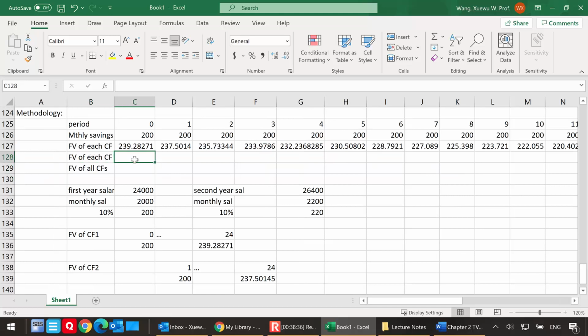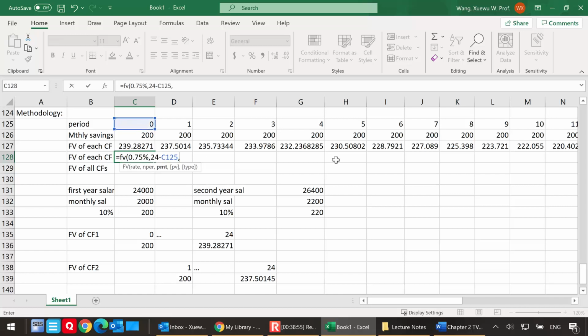Now, some of you will wonder, can I do the future value of each cash flow by doing the future value function? The answer is, of course. So let me illustrate. Again, you might want to pause this and think about, hey, how do you actually do the future value function here? All right, so the rate is 0.75%. And number of periods here is 24 minus the 0. And this is a single cash flow.